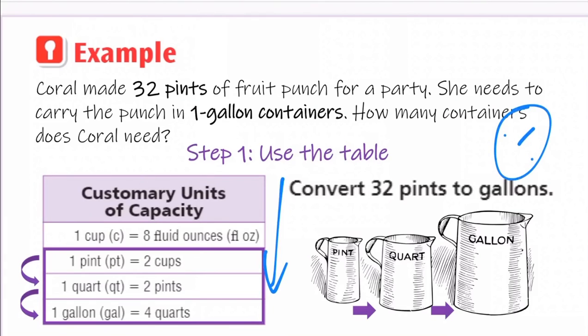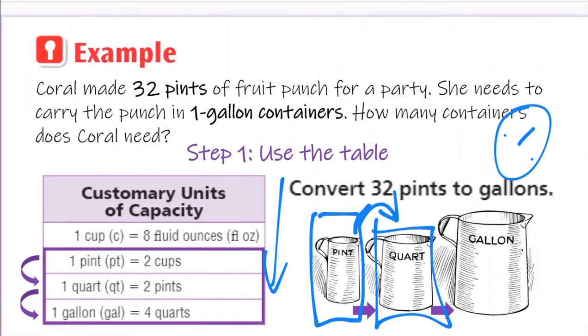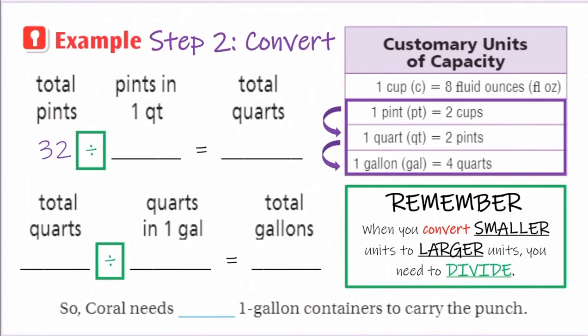Because we have to be picturing these little pints going in. You guys need to know that we're actually converting this twice. We're converting it into quarts, and then we're converting it into gallons. So, just to let you know, we're doing this 2 times.